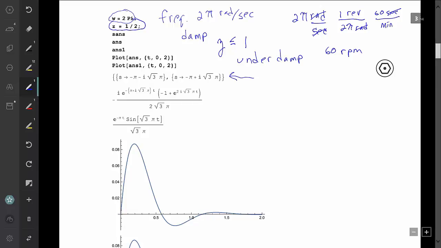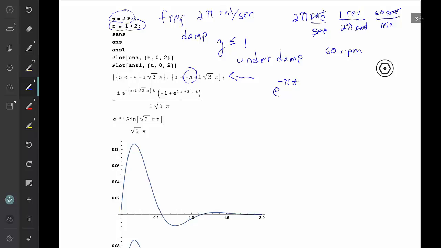Okay, so let me ask the typical questions that I might ask. Is it stable? How do you know? You look at the real part, and that is the exponent term in the differential equation solution. So there will be a term that looks like this, minus pi times time. And if you look at the solutions, the fully simplified one, the term is right there.